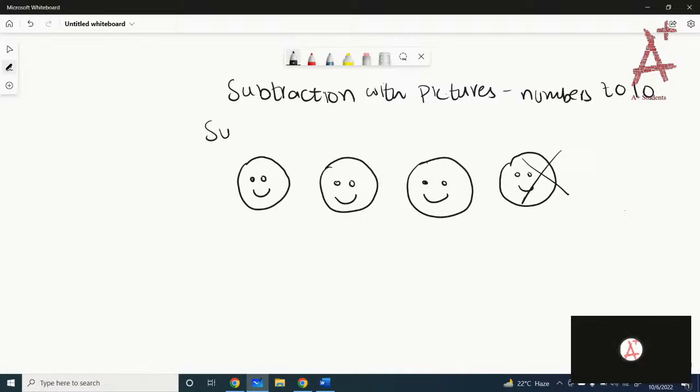You have to subtract actually, 4 minus 1. So what you have to do, you have to count them all. How many happy faces are there in all? 1, 2, 3, 4. That means in total they are 4 and one of them is crossed out. Got it? They are 4 in all.